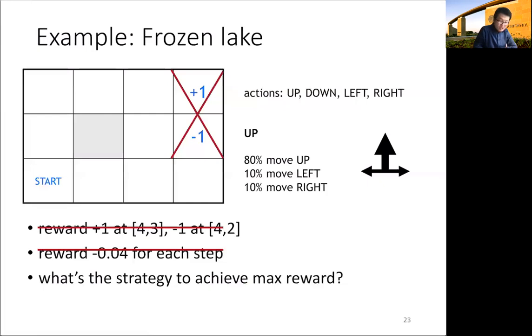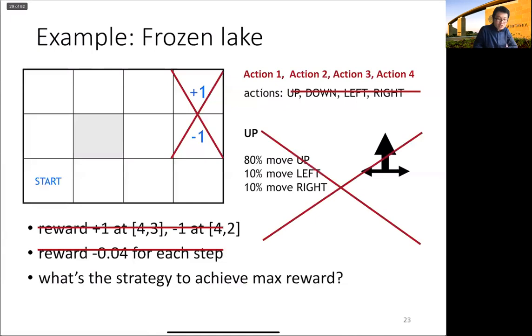In addition, we do not see the transition dynamics, and the actions are not assigned a semantic label, where up corresponds to my intention to go up, and down to my intention to go down. These actions are generic, and we are simply given actions 1, 2, 3, 4.